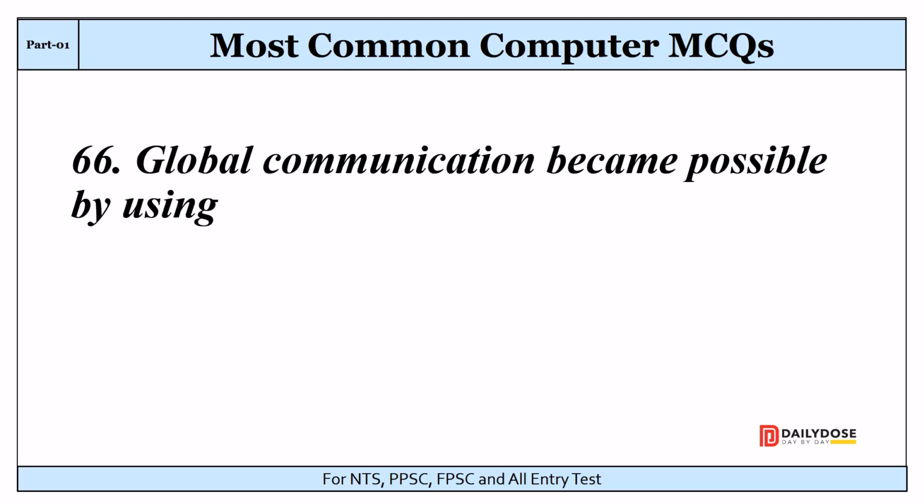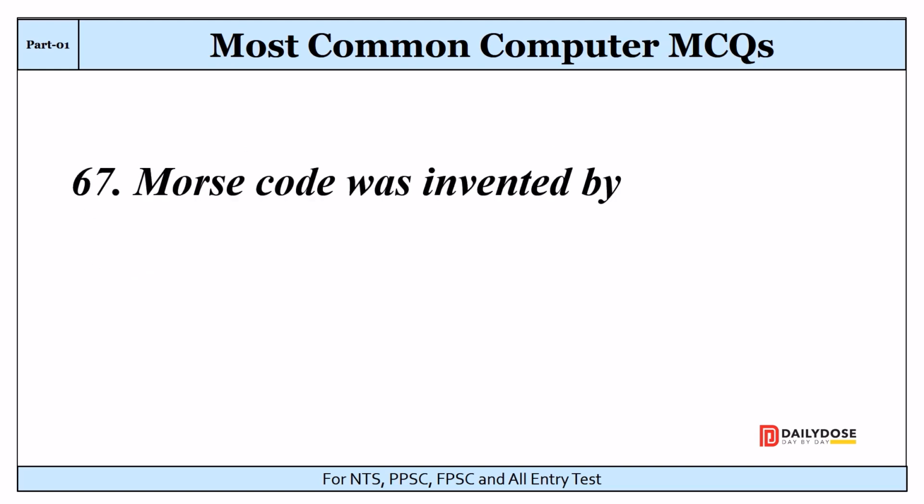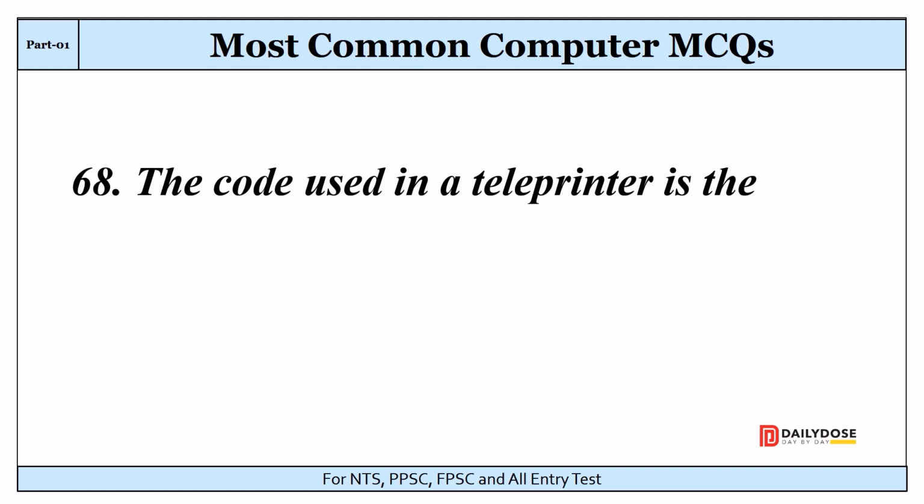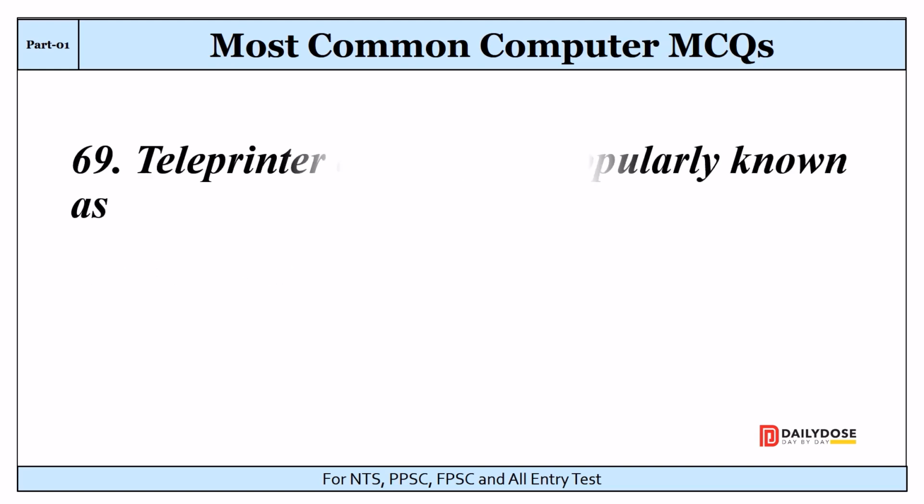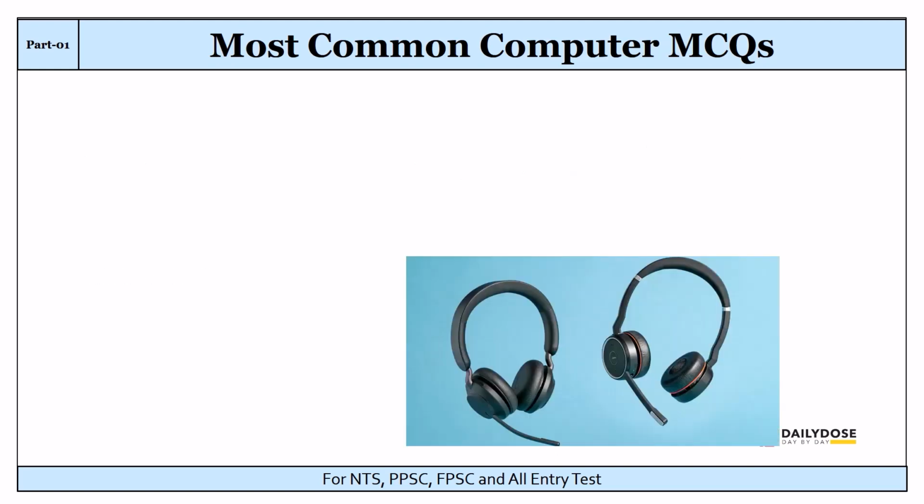Global communication became possible by using satellites. Morse code was invented by Samuel Morse. The code used in a teleprinter is the Baudot code. Teleprinter exchange is popularly known as telex.